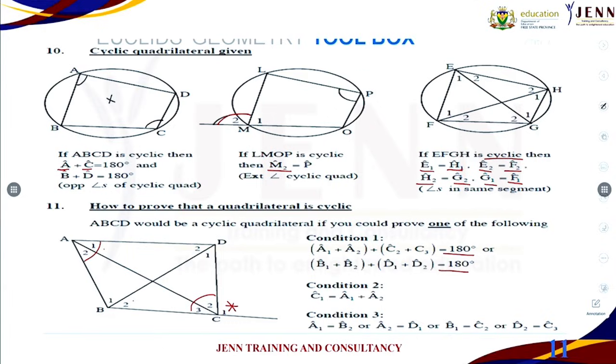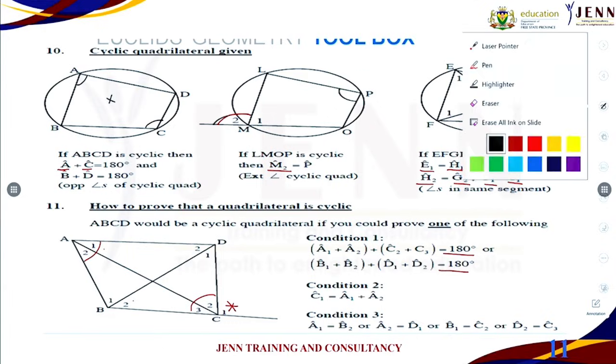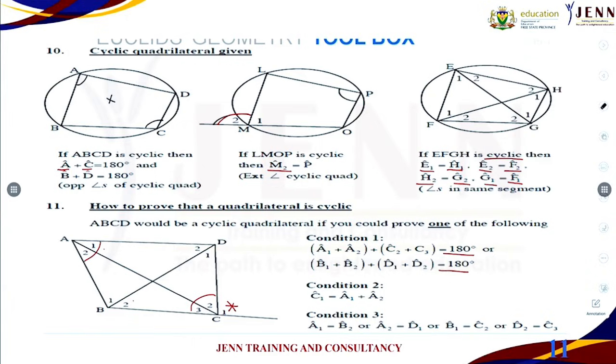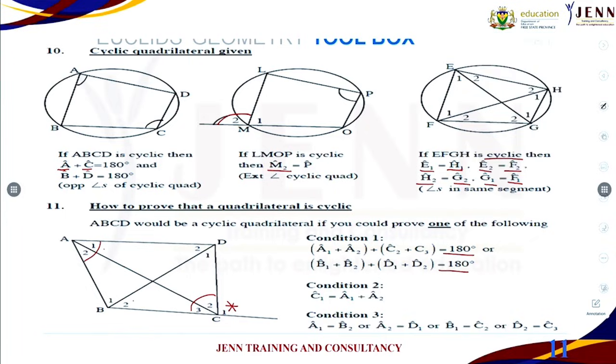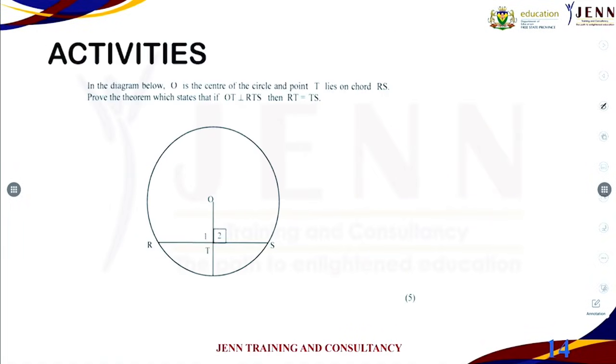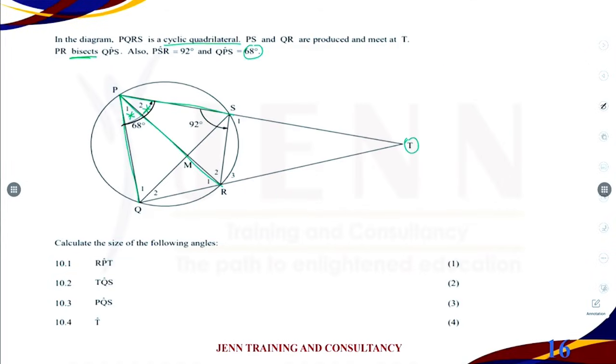When you add the two angles, they are supplementary, so we know that supplementary angles add up to 180. Every time you answer these types of questions, remember to always go back to your toolbox.